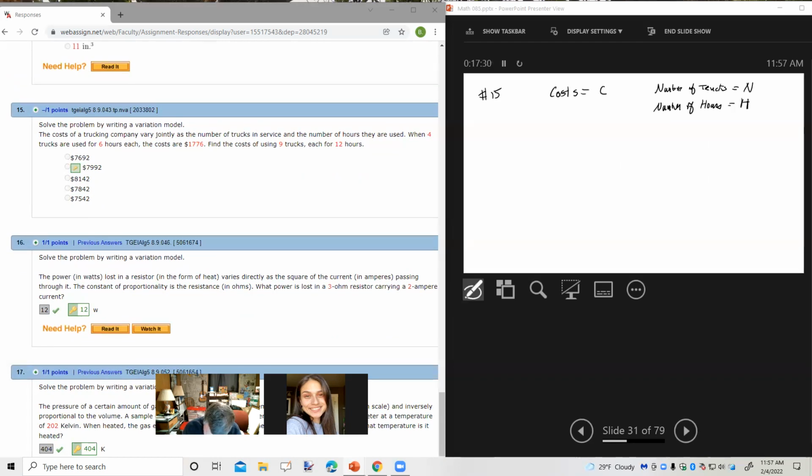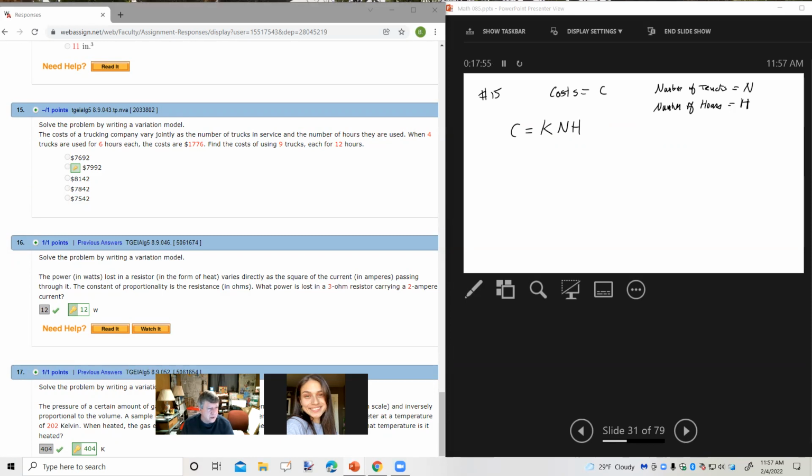So we've got 3 different variables here. The costs of a trucking company, so C, varies jointly as the number of trucks in service and the number of hours they are used. Again, K isn't mentioned, but you got to put it in there because you got to find it.